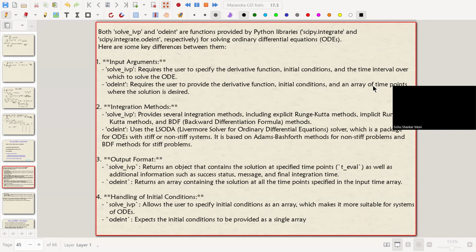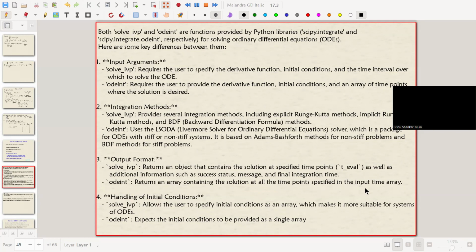And the output format, what's the output format? The odeint we just saw returns an array containing the solution at all the time points specified in the input time array. In between 0 to 20 here, you have defined around 401 points. So at each of those points, what is the value of y?